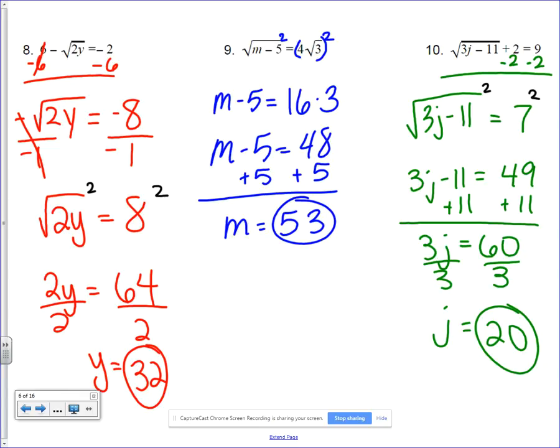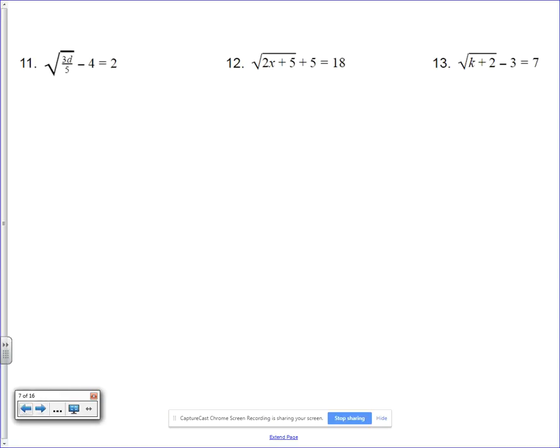Do the one in the middle there, right? Number 12. Leave that fraction one for now. When you're done with 12, go to 13. And we'll leave that fraction one for the end.